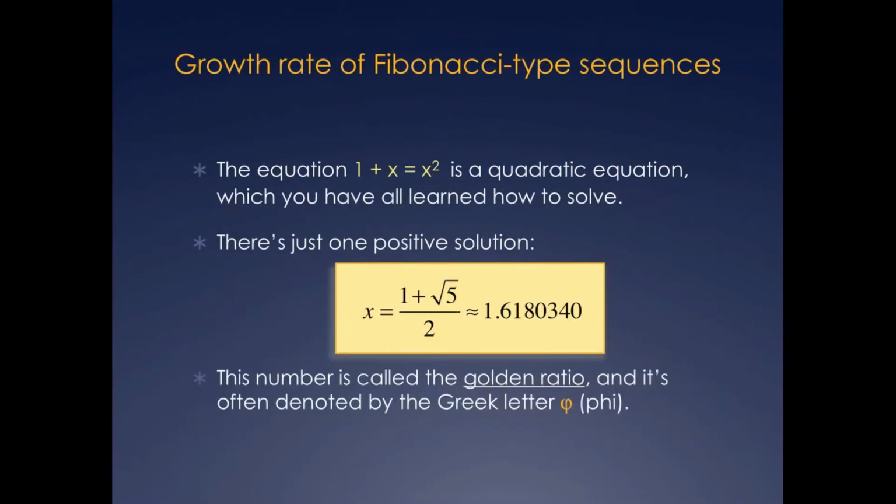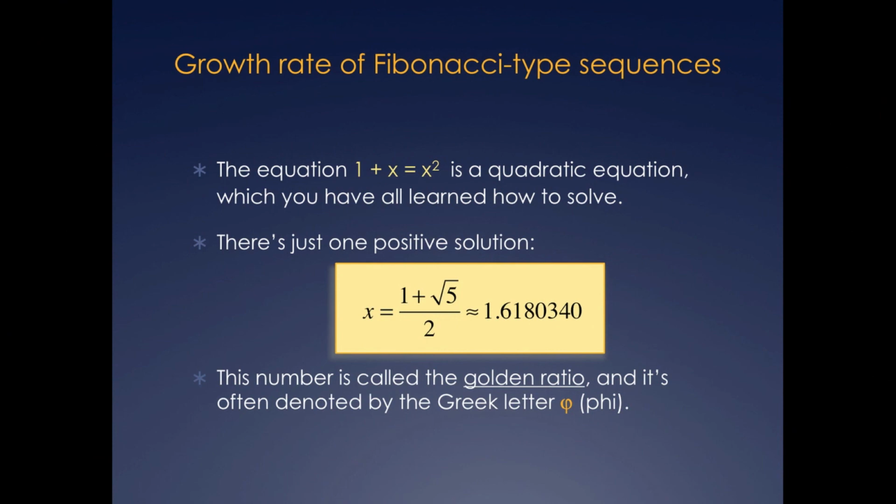Okay, so this number is kind of interesting. It comes up in many different disguises in mathematics. It's called the golden ratio. By definition, what is it? It's 1 plus square root of 5 divided by 2, that number up above. Now, it comes up often enough that, in fact, there's a standard Greek letter that we use to refer to it. It's the Greek letter phi.